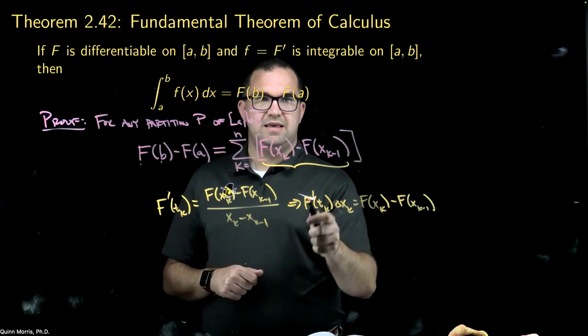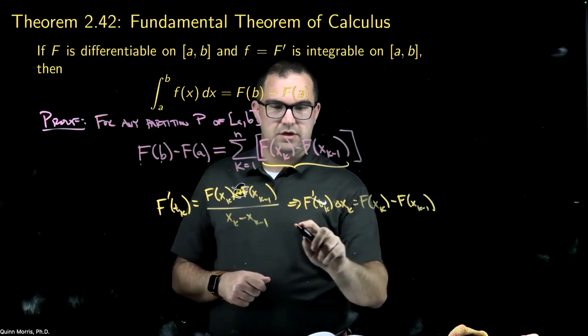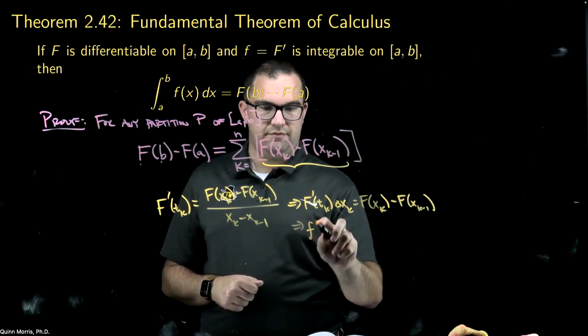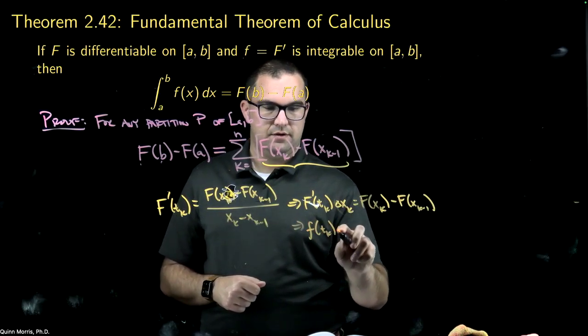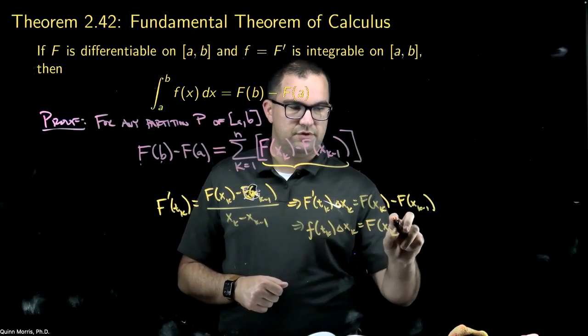But also notice this capital F prime, that's what we're calling little f. So that gives us that little f of t_k times delta x_k is equal to this difference.